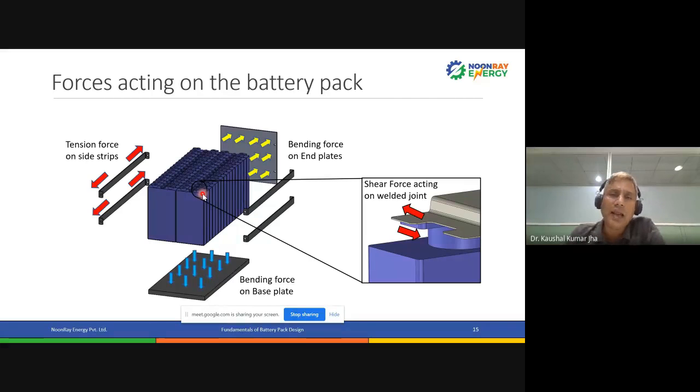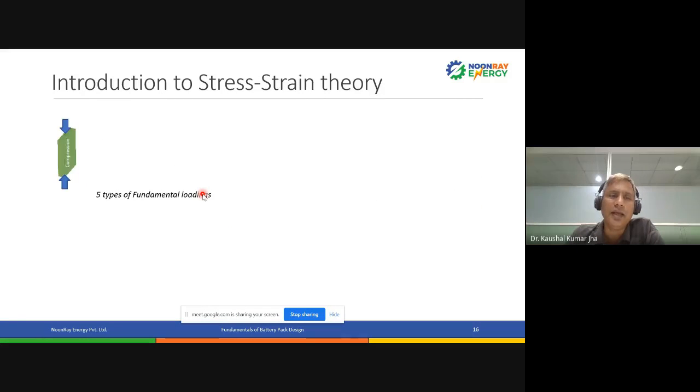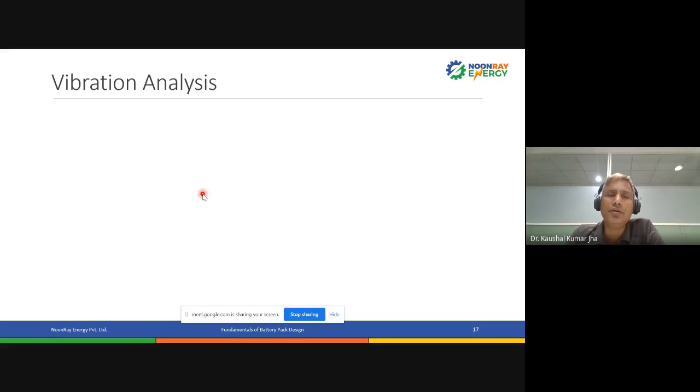So after calculating all those forces together, what we need to do is the vibration analysis. What we have done there is that we have taken a static load of the cells together, and through that we have found out some thickness, some length, some weight of the plate.